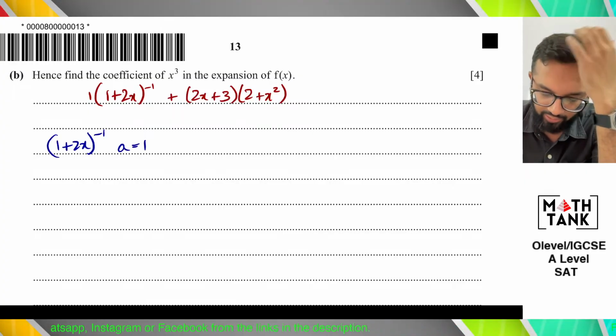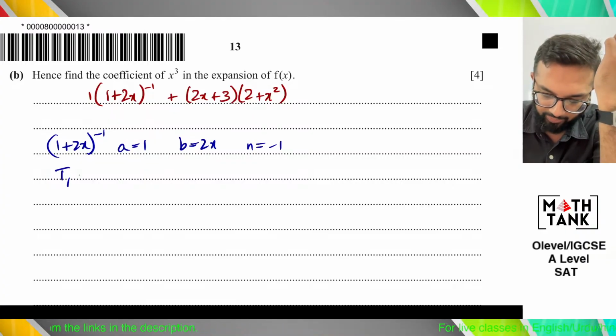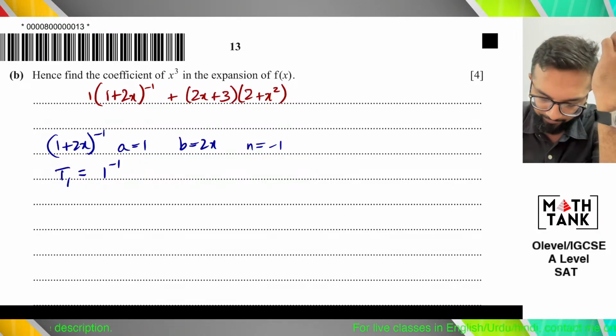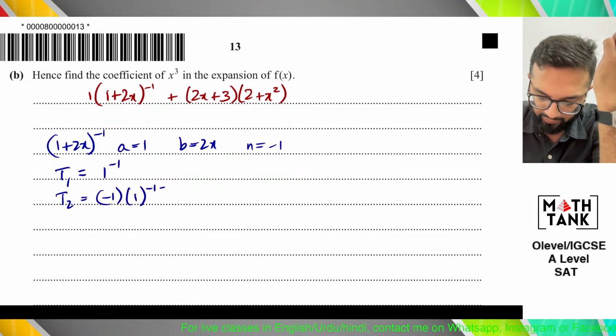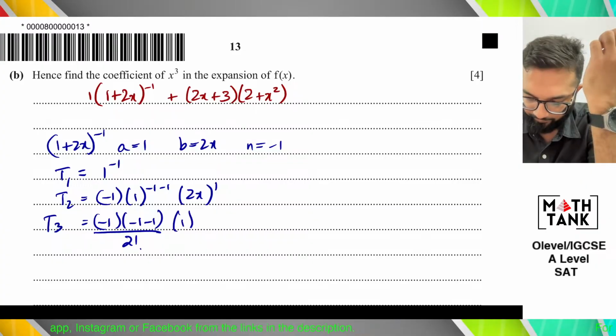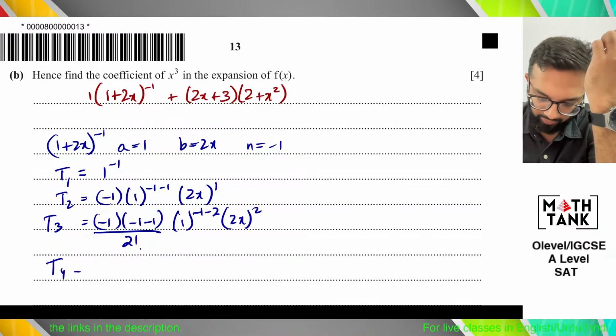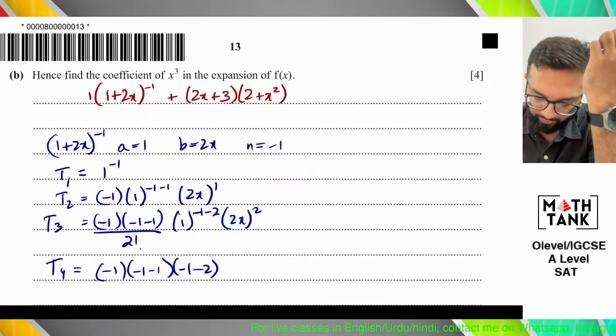My a is 1, my b is 2x, and my n is minus 1. So term number 1 is a power n. Term number 2 is n a power n minus 1, b power 1. n into n minus 1 over 2 factorial is term number 3. And term number 4 is n minus 1, n minus 2.